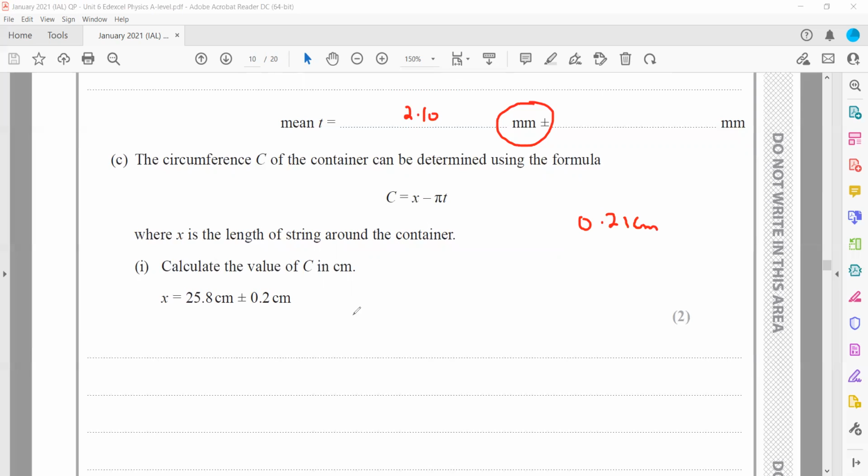Calculate the value of c in centimeter, which is 25.8 minus pi, which is 3.14, multiplied by t, which is 0.21. So this will give us 25.1 centimeter.